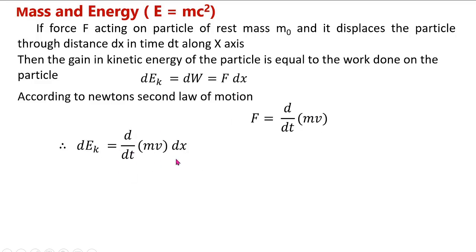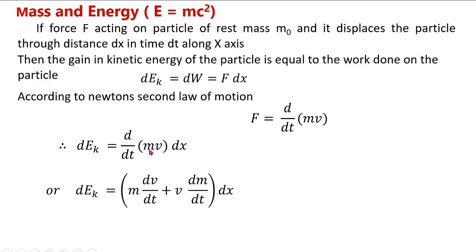This is the force and this is the displacement dx. Then differentiate this momentum with respect to time. Then dEk is equal to, write the first derivative of second plus the second derivative of first, that is m into dv by dt plus v into dm by dt, into dx.